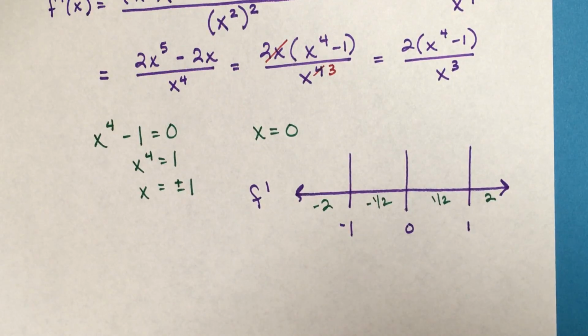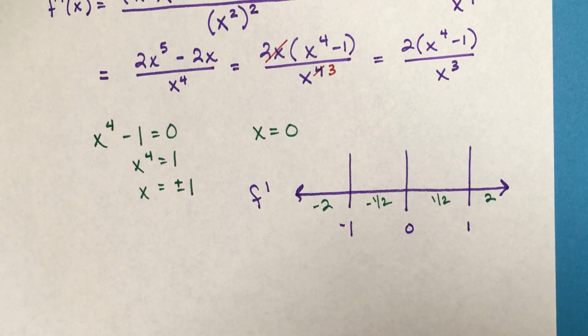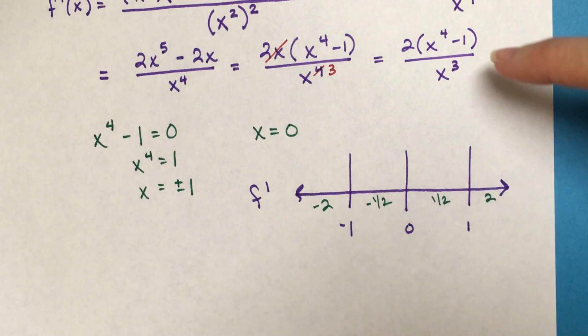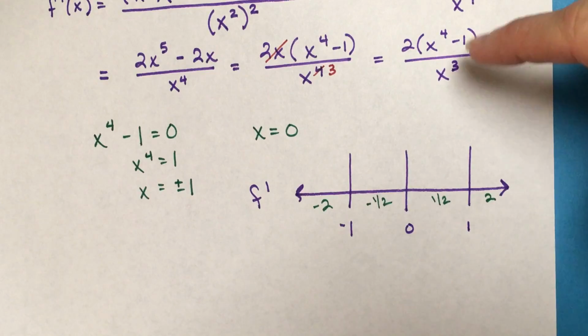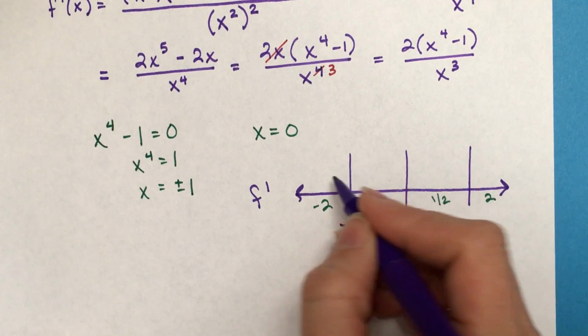Now we need to substitute each one of those into, remember, the first derivative. Of course, you're still seeing your first derivative here. So if I were to substitute in the negative 2, that's going to give me a positive on the top, a negative on the bottom, so that's going to give me an overall negative.